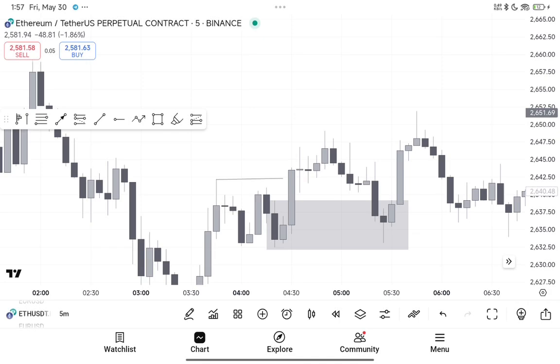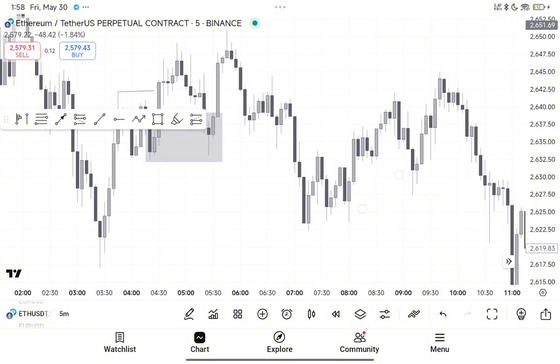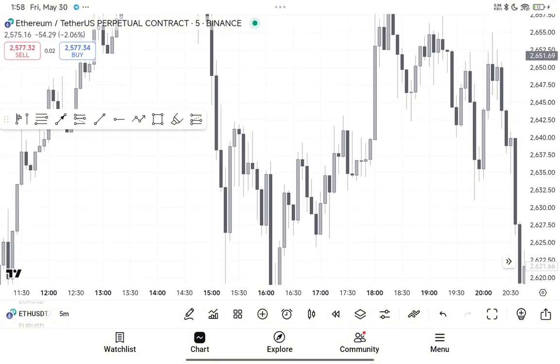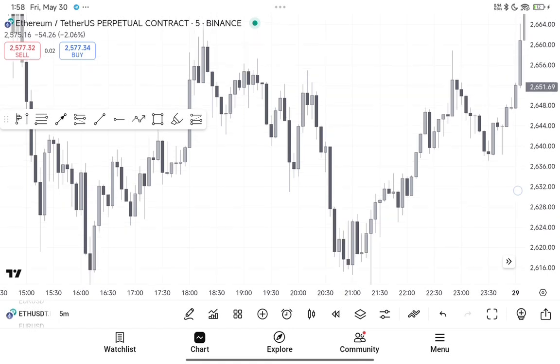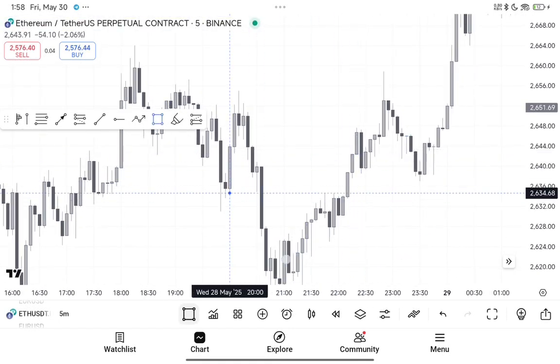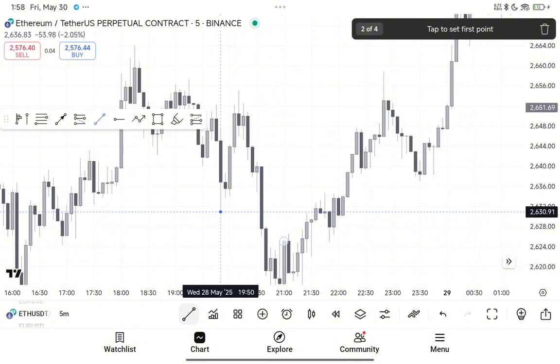Now, how to identify a valid order block? You see, when I was looking for these order blocks, I was going through the charts because there were so many breaks of structure and so many candles, but some of the candles are not actually holding. For example, look at this area. We have this to the upside.